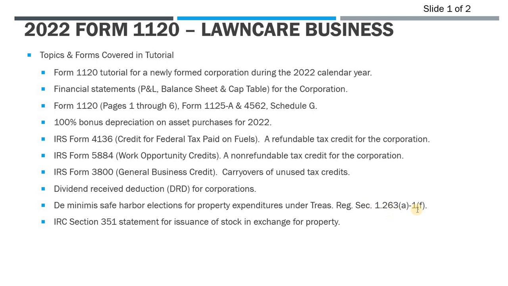And then lastly, we'll talk about a Section 351 statement. When a corporation issues new stock in exchange for property, which includes cash, mostly that's the case, they should be including a 351 statement, and/or the new shareholders should be attaching a similar statement to their return. So we'll look at that as well.